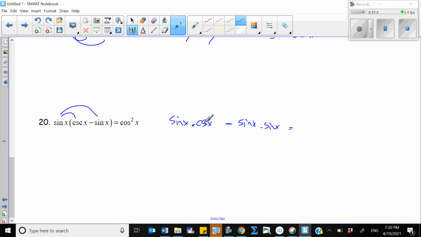Find the identity for cosecant of x. And then this is sine squared. So once you find that, 1 over cosecant of x equal to sine of x. And you can also use the Pythagorean identity, 1 minus sine squared of x equal to cosine squared of x. Use them to prove the right side.